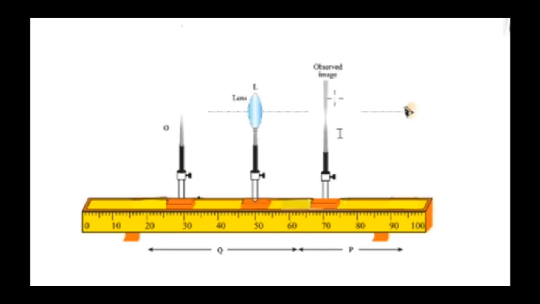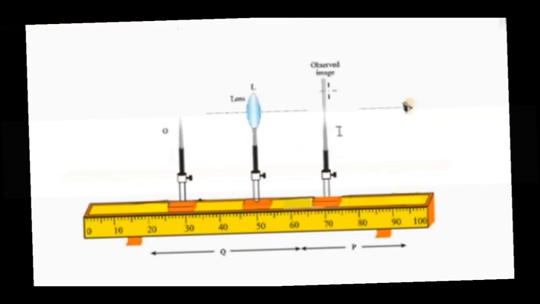We'll look from the right side, as you can see in the figure, at the inverted image of the object needle, and we'll try to align the inverted image tip and the tip of the image needle such that when we move our eye left or right, both tips, the tip of the image needle and the tip of the inverted object needle, move together.